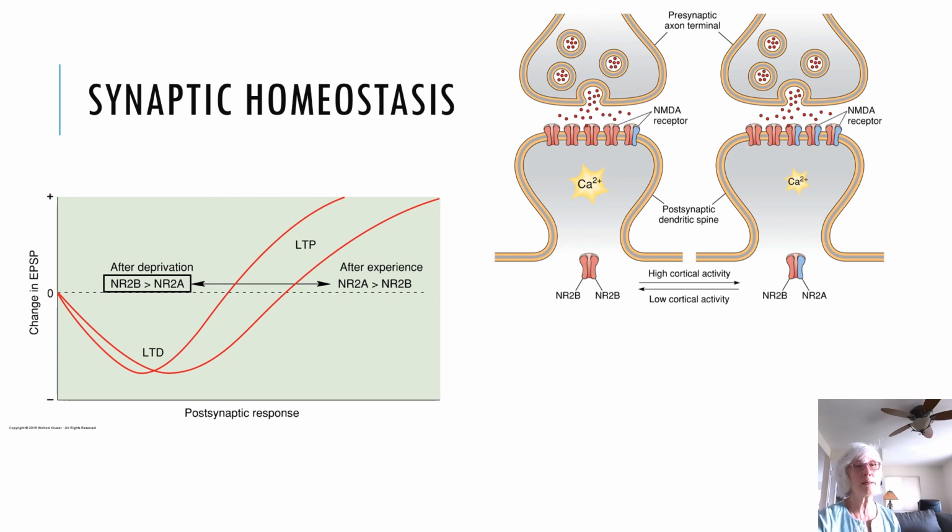Or a better way to say that is we have more NMDA receptors that have at least one NR2B subunit. Some of them may have 2 NR2B subunits, but there are more NMDA receptors that have NR2B subunits. We're in a state of depression.